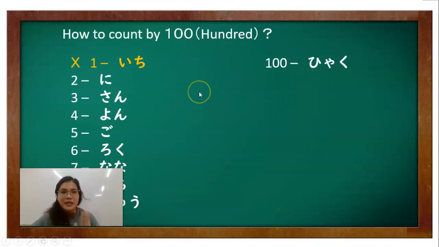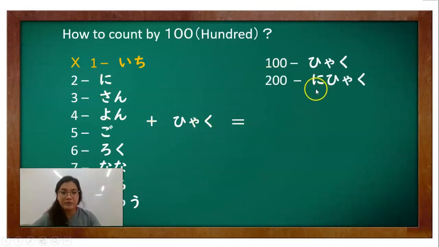The same process as with the tens. You just add the numbers in ones plus hyaku. To make 200, it is ni plus hyaku, so that would be ni hyaku.